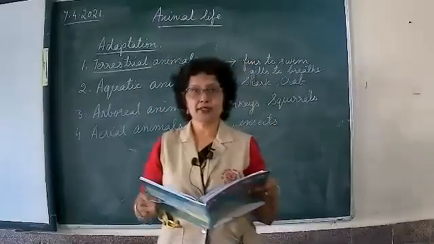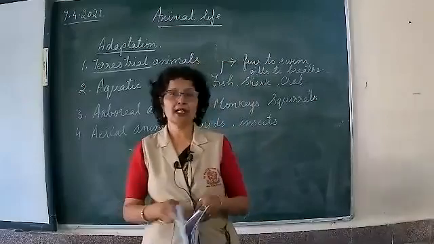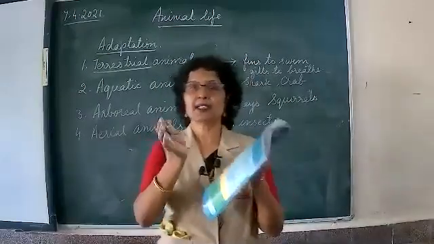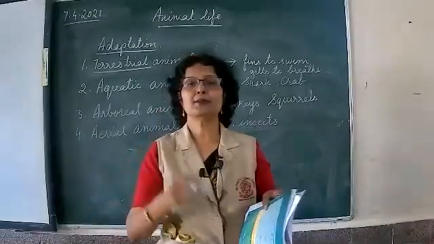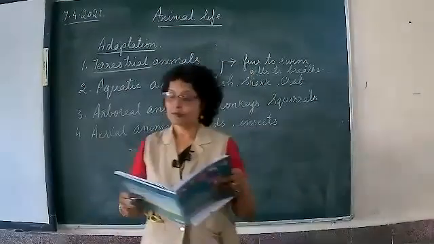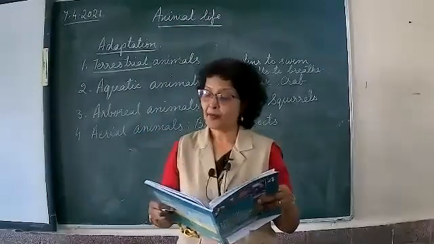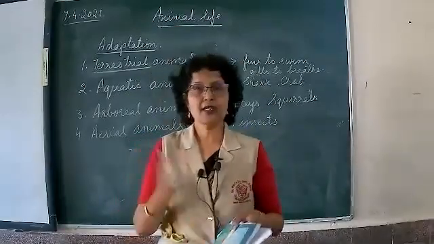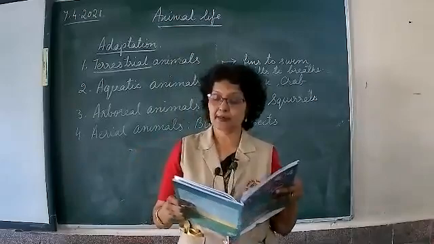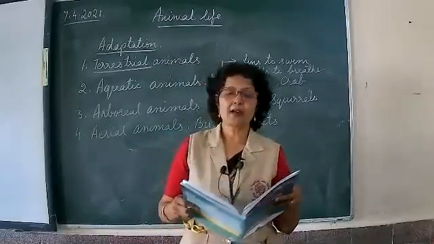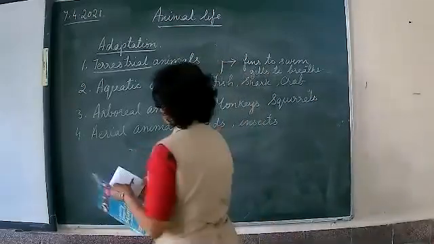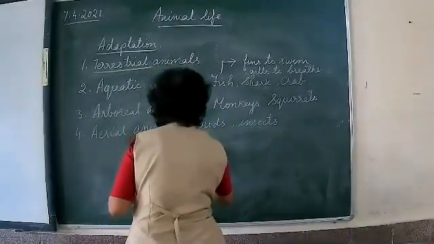Their bodies are boat shaped and help them to cut through. You see the bird's body, it's like a boat. It helps them to cut easily through the air. They are also light in weight, so it helps them to fly. What are the features?